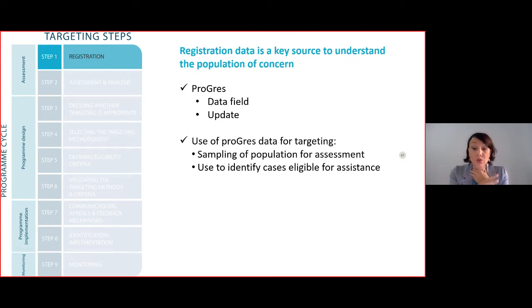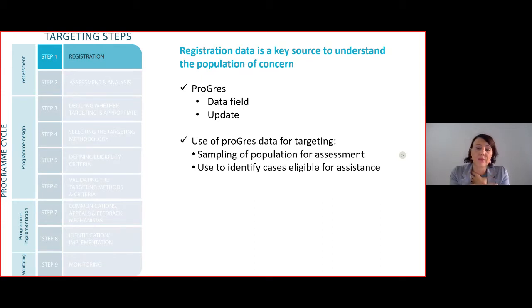So it can be used, with some limitations, to sample the population for an assessment, but also to have some statistics about the population. For example, how many refugees are female-headed households, or how many have a high dependency in the household. These are all statistics that can support the analysis of the population.